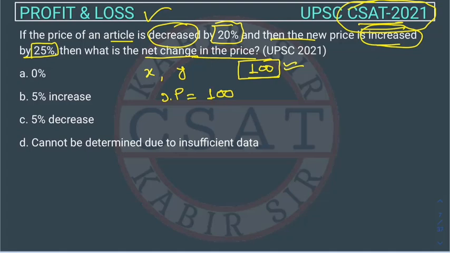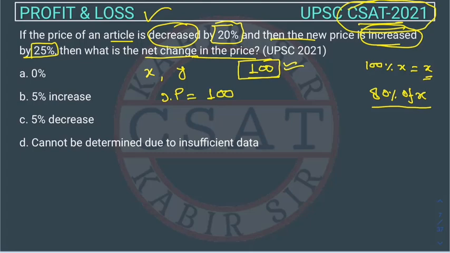Then it got decreased by 20%. I told you that 100% of x is x, and normally we write some number x as 100% of that number. Both are the same thing. If there is a decrease of 20%, we can directly deduct 20 from this 100 and it will become 80% of x.